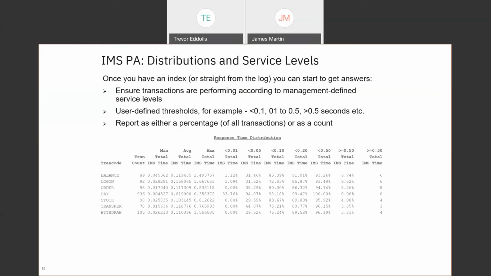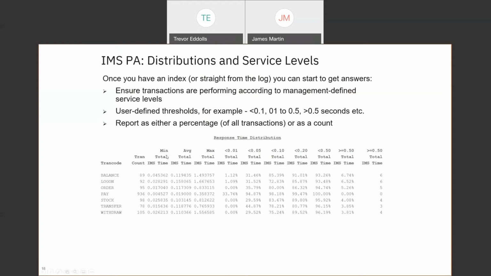Now, this is an actual forms-based report that I built and ran against a test system. In my use case, the user-defined thresholds were less than a millisecond, one second to half a second, or greater than half a second. And I wanted to report as either a percentage of all the transactions or as a count.